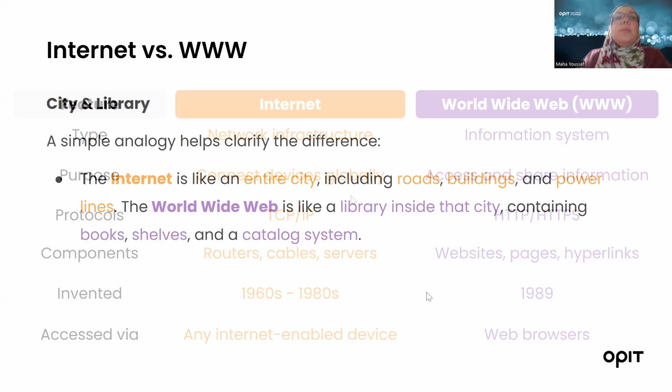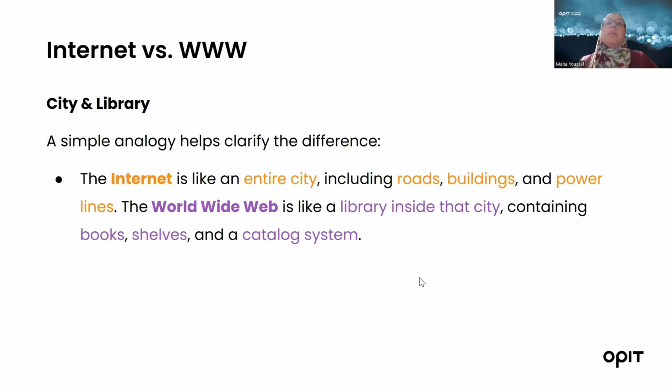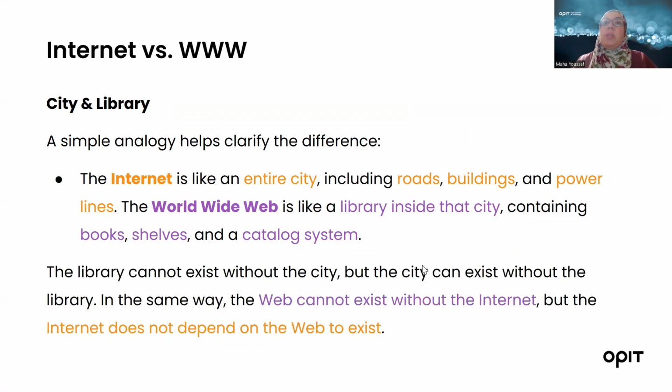Think of the internet as an entire city with infrastructure, roads, and buildings, while the WWW is a library inside that city where you go to read books that contain all the information.